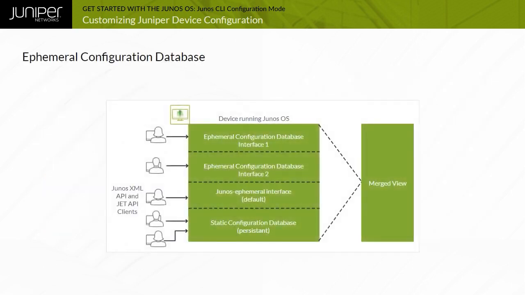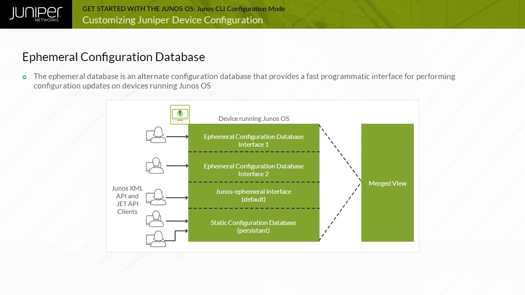In addition to the usual static configuration database, Junos OS also provides ephemeral databases, one default and up to 7 user-named ephemeral databases. Ephemeral databases execute commits with significantly greater throughput than when doing a standard commit using the CLI. Ephemeral database commits are performed using the JET API or the Junos OS XML API.